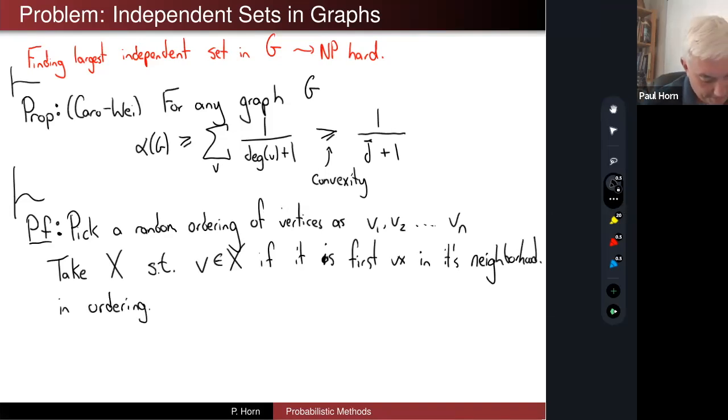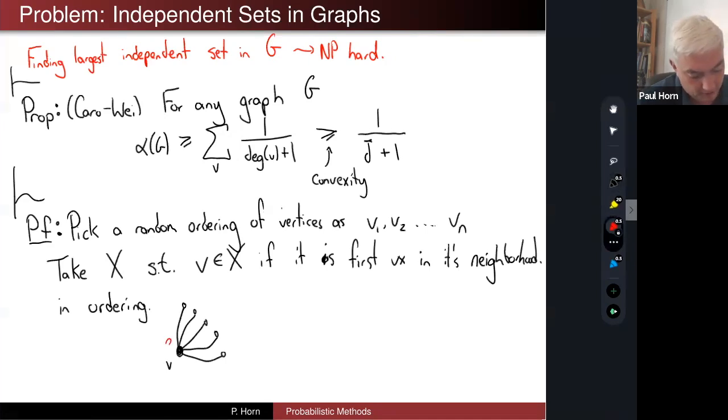All right. So if I think about a vertex, it's got some neighbors in my graph somewhere. And again, I'm now going to flop down an ordering on my graph, where maybe this is vertex 3 and this is vertex 5 and this is vertex 10 and this is vertex 8 and this is vertex 1 and this is vertex 7.